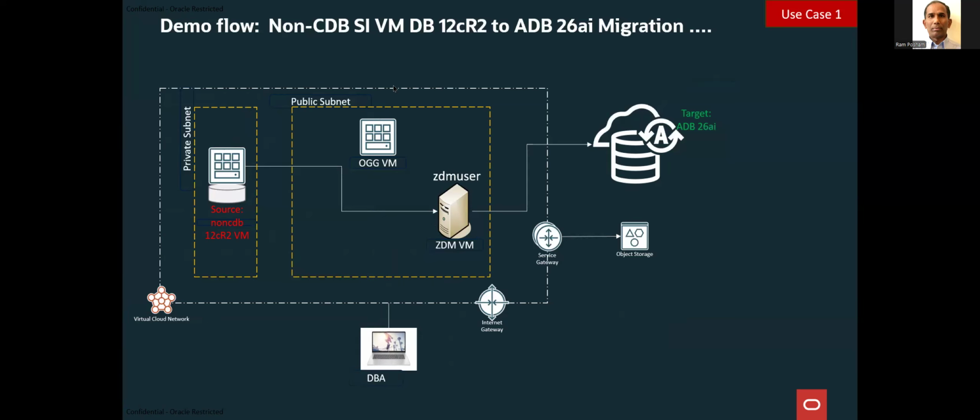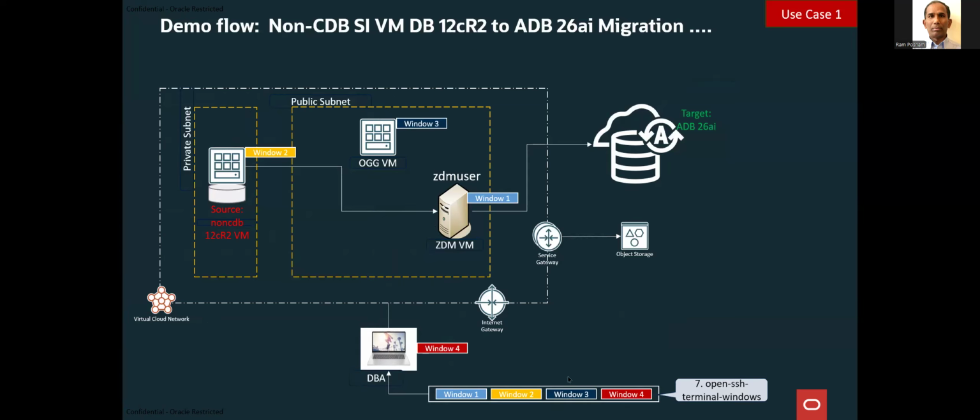The next thing is you need to configure them. What you do is you open 4 windows. I'm using Microsoft Windows, where there is a software called Git Bash. On Mac also there is a place where you can create terminal windows. You just create 4 windows, and window 1 would point to this particular ZDM. This ZDM is created on the public subnet, so it has a public IP.